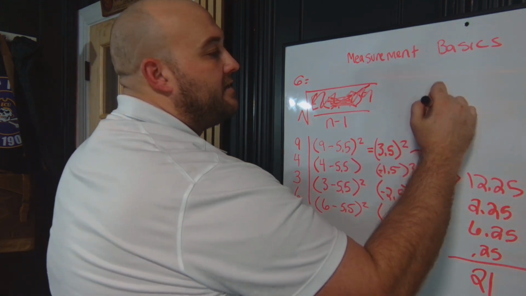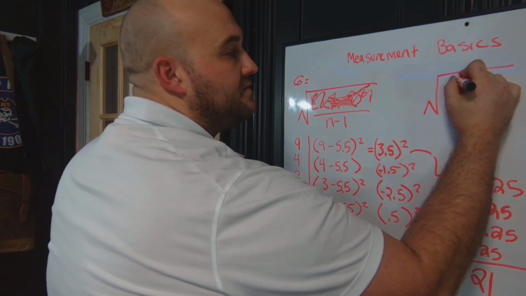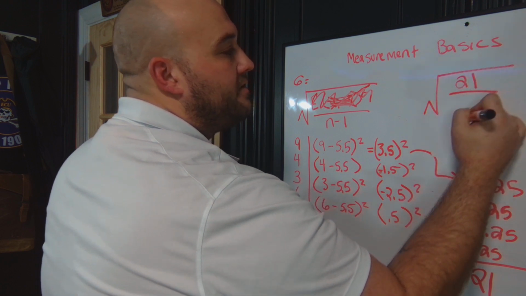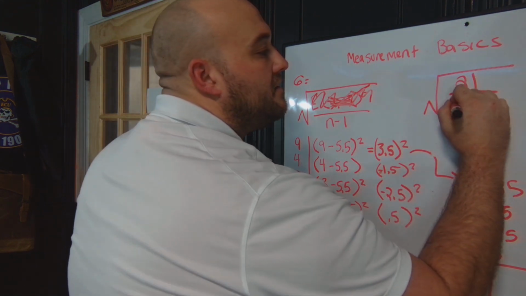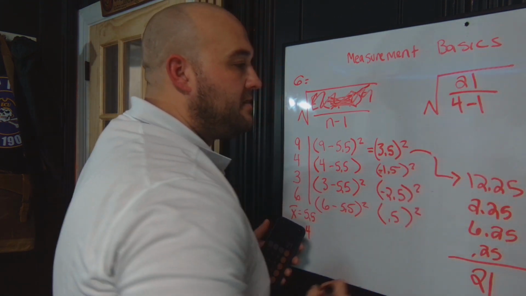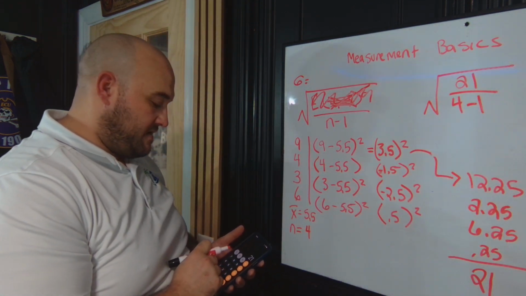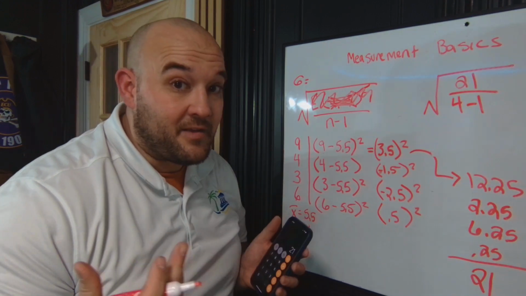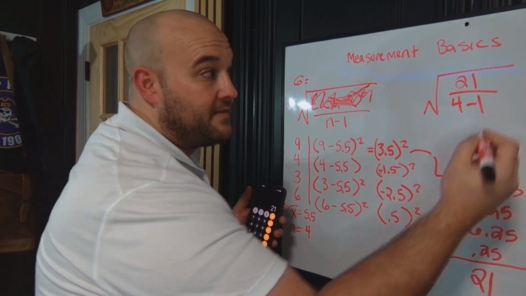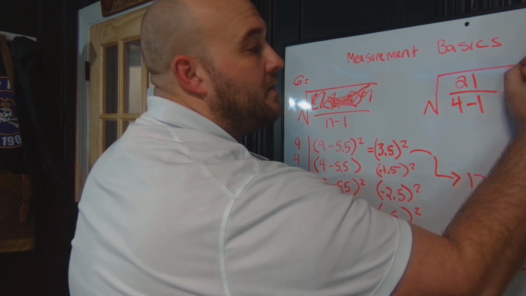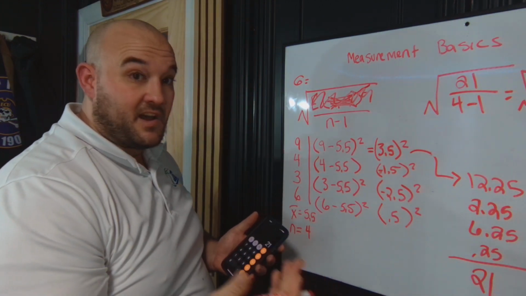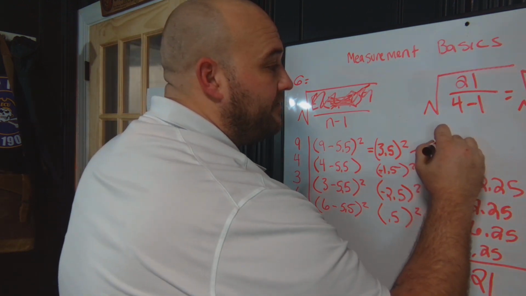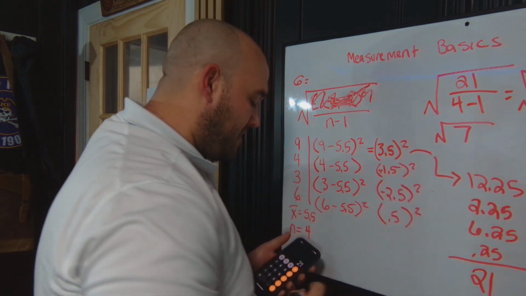Now I'm left with 21 over n, which represents 4, 4 minus 1. If I take 21 and divide it by 3, because 4 minus 1 equals 3, 21 over 3, I get the square root of 7.